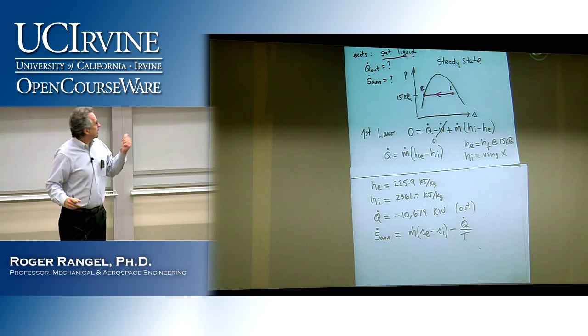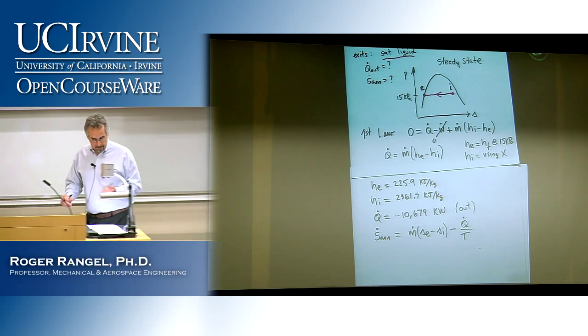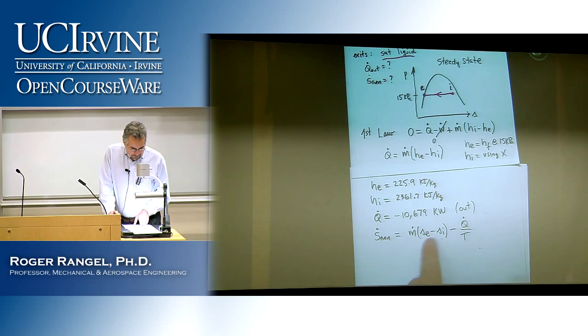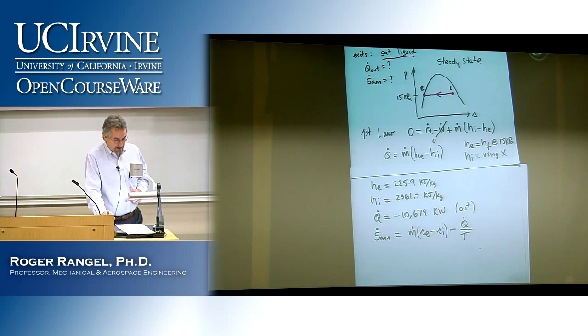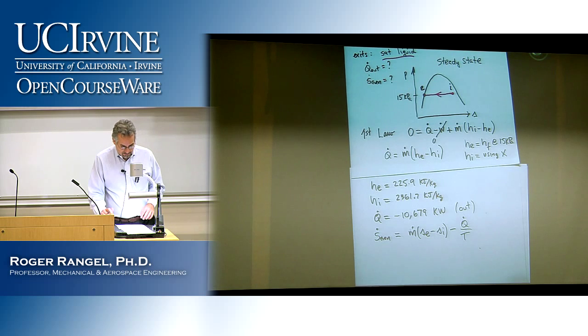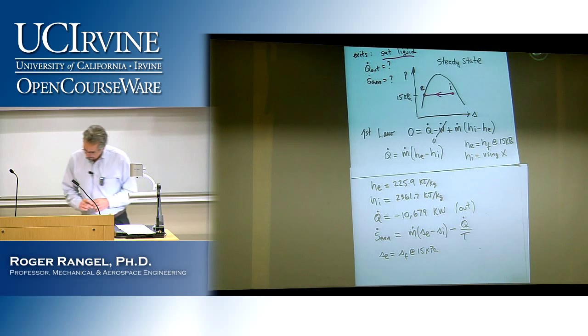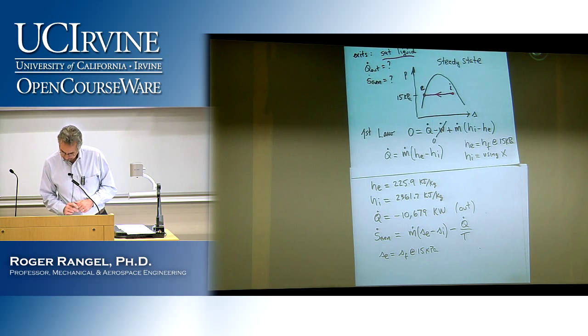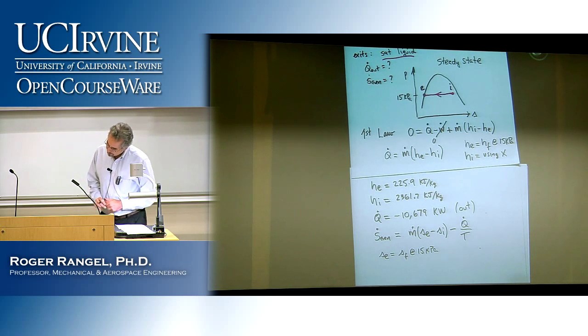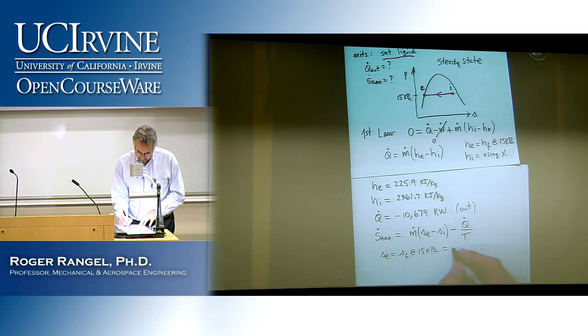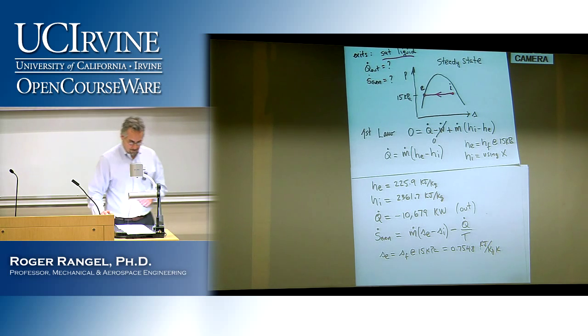So M dot was given. What I need is S sub E and S sub I. S sub E again is an Sf. So S sub E is Sf at 15 kilopascals. And that number is 0.7548 kilojoules per kilogram Kelvin.